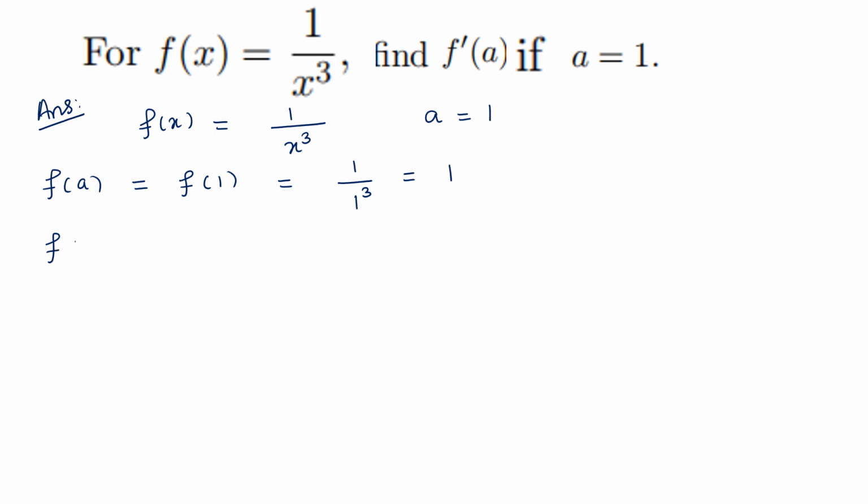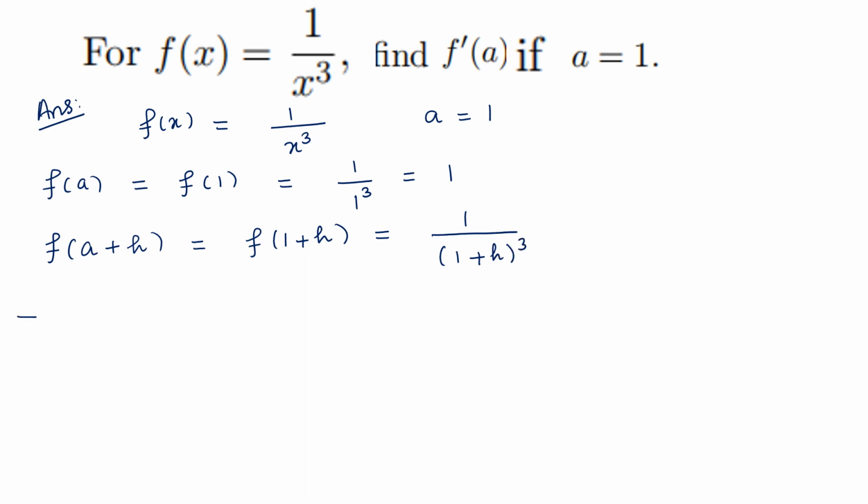Next we have to find out f of a plus h, equal to f of 1 plus h. What is f of 1 plus h? In f of x, x replaced by 1 plus h. So 1 divided by (1 plus h) cube.